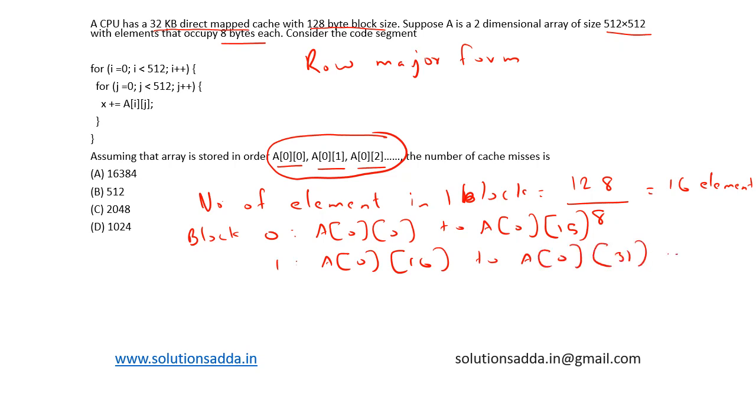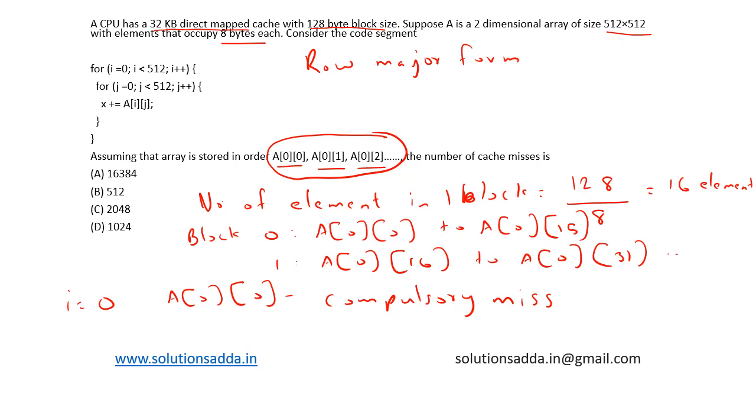Now assume i equal to 0, that is the initial iteration. A[0][0] will not be in the cache. So it is a compulsory miss. Now for the next 15 elements, there will be no miss because they are already fetched into the cache.